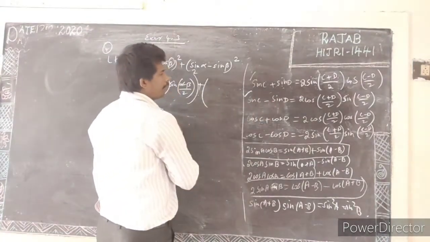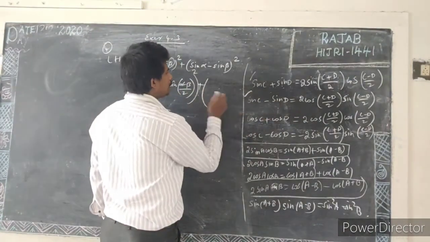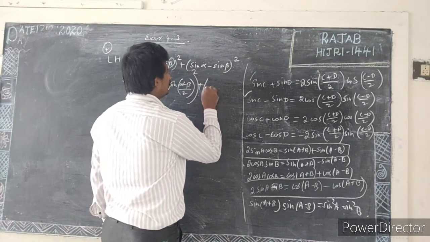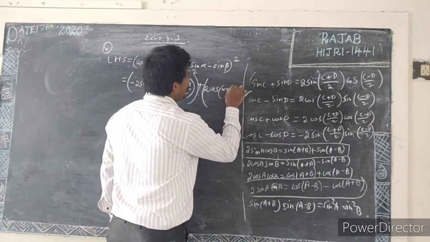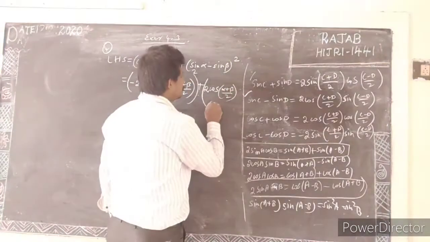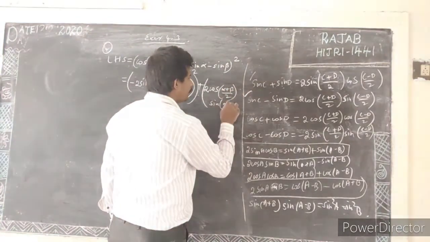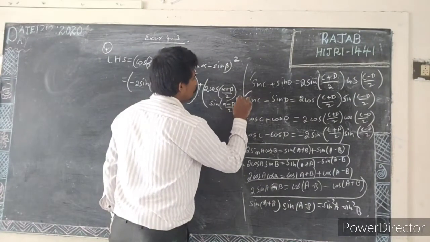I am going to use the second formula. So by using this formula we will have 2 cos (alpha plus beta)/2 sin (alpha minus beta)/2 whole square.